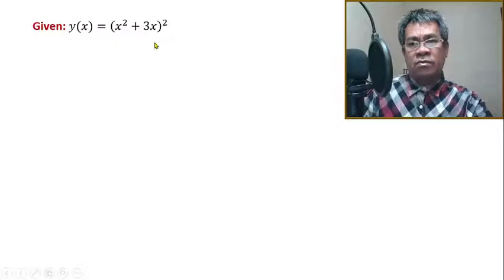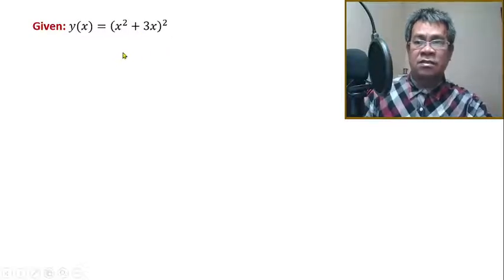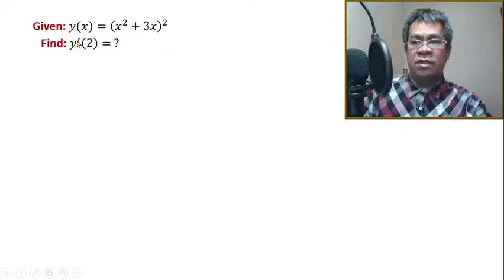One strategy here is to expand, because this is the square of a binomial: square the first, twice the first and second, then square the last. We are asked to find the derivative of the function with respect to x at x equal to 2.